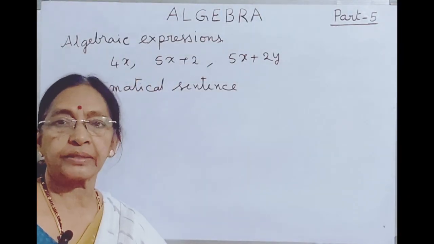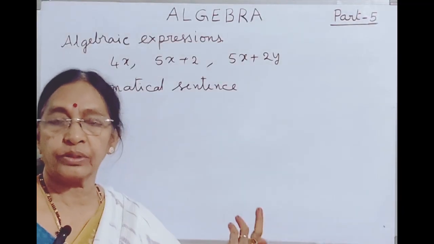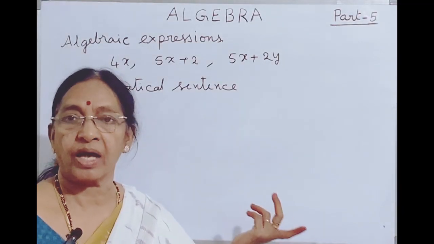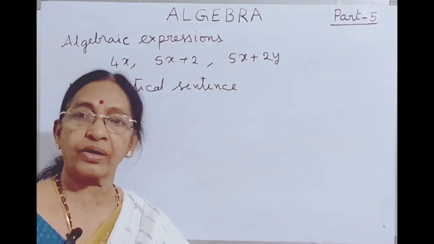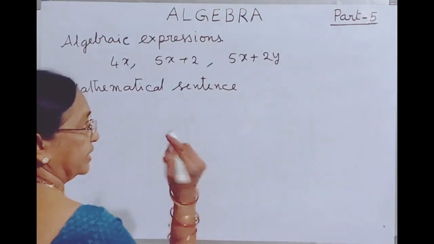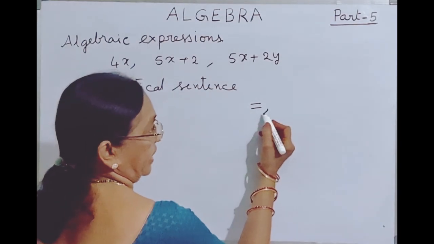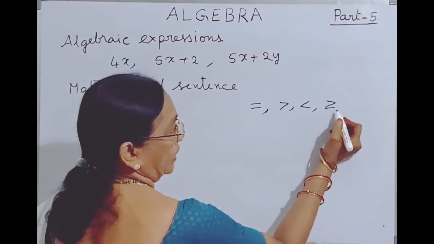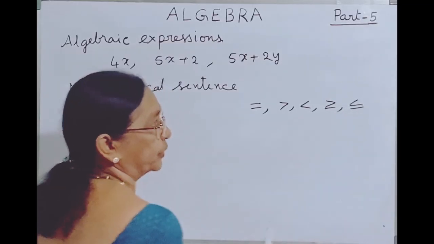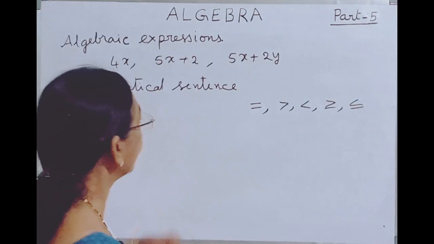Next, mathematical sentence. If two expressions are connected by an equality sign or inequality signs, that is, two terms are connected by the equal sign or greater than, less than, greater than or equal to, or less than or equal to, then that is called a mathematical sentence.